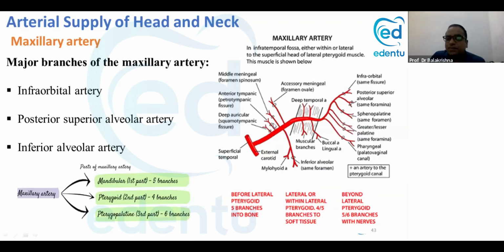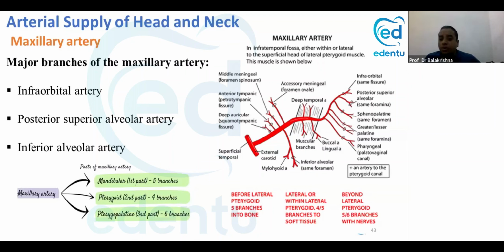From the first part, the branches mnemonic is DAMAI. D for deep auricular artery, A for anterior tympanic, M for middle meningeal, and then I for your inferior alveolar. Then you have got your second part, which is basically related with your muscles of mastication and all.